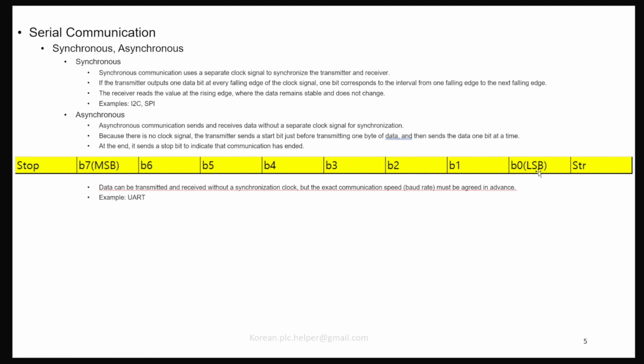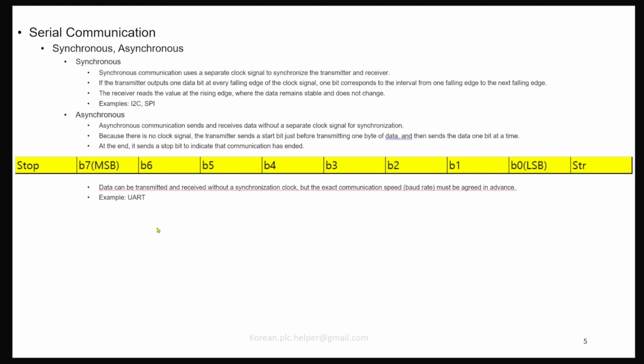Then it transmits the data bits sequentially, 1 bit at a time. Finally, it sends a stop bit to indicate the end of the data frame. The receiver interprets the data bits between the start bit and the stop bit as the actual data.